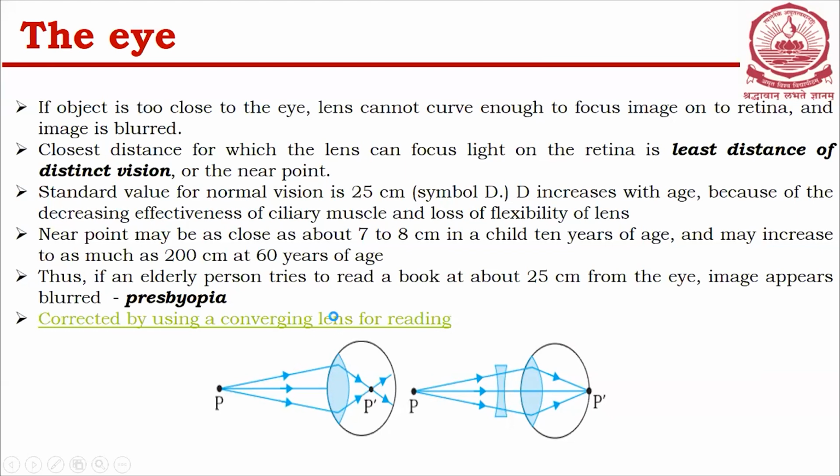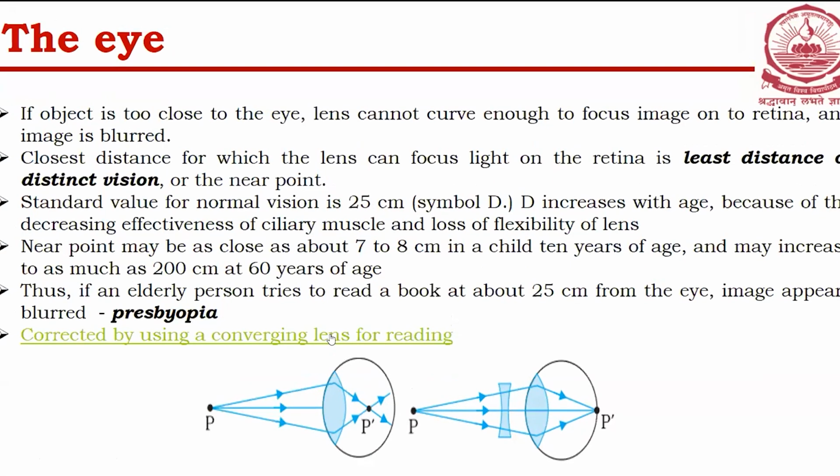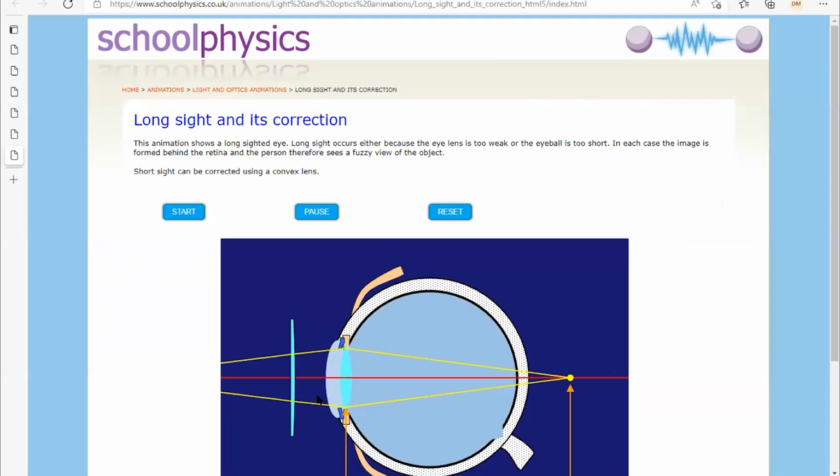So there is a fix for this, I will just show that. You can see here how it is focused away from the retina. By using a convex lens, I am bringing the focus to the retina, something like this. So hope you understand.